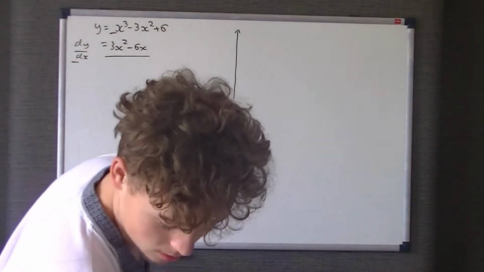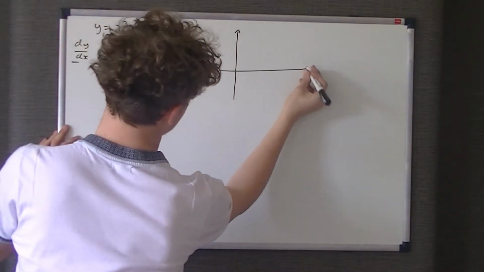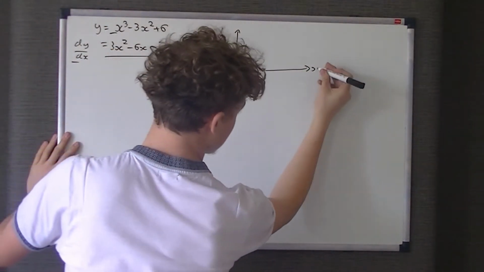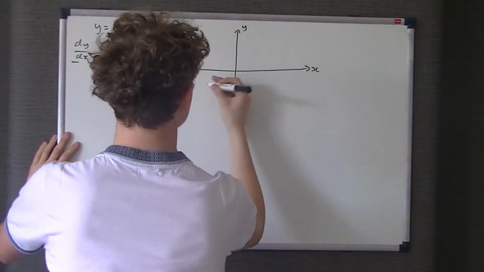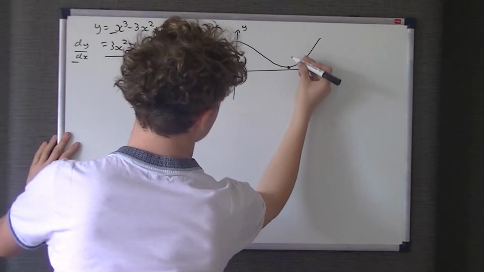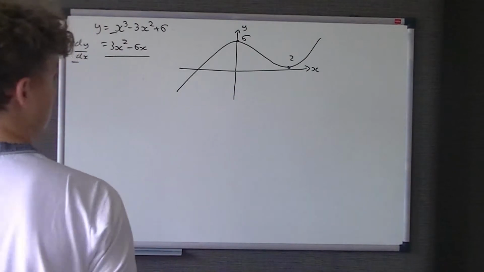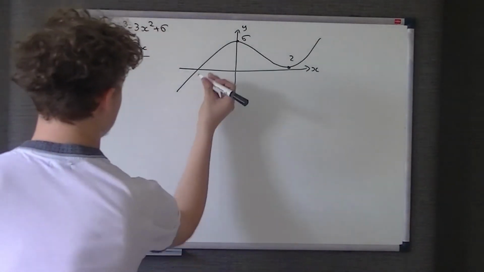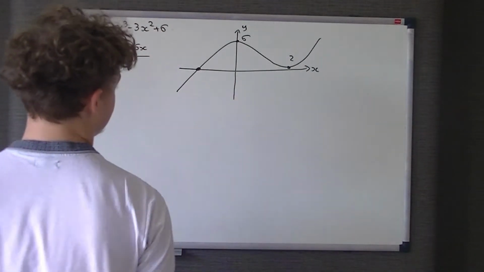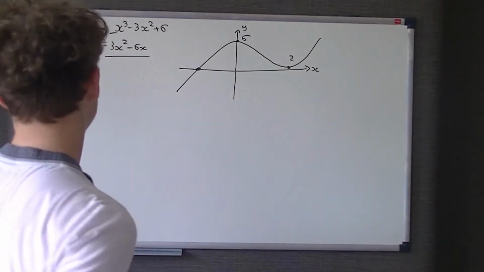Is it? 2 actually. That's x, y. It's going to do something like this. So that's actually going to touch it there, that's 2. And that's 6. And obviously if we factorise that, we would get whatever you would have there. So it just touches there and goes through at that point.